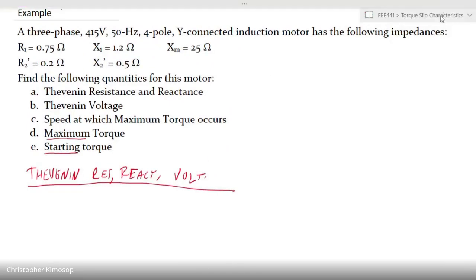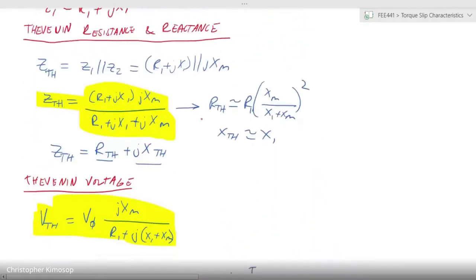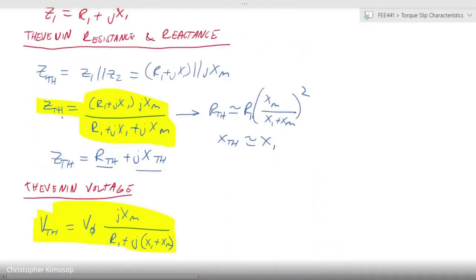So from our previous equations, where was it? It was here. We have been told that the value of Thevenin impedance is given by all of that.